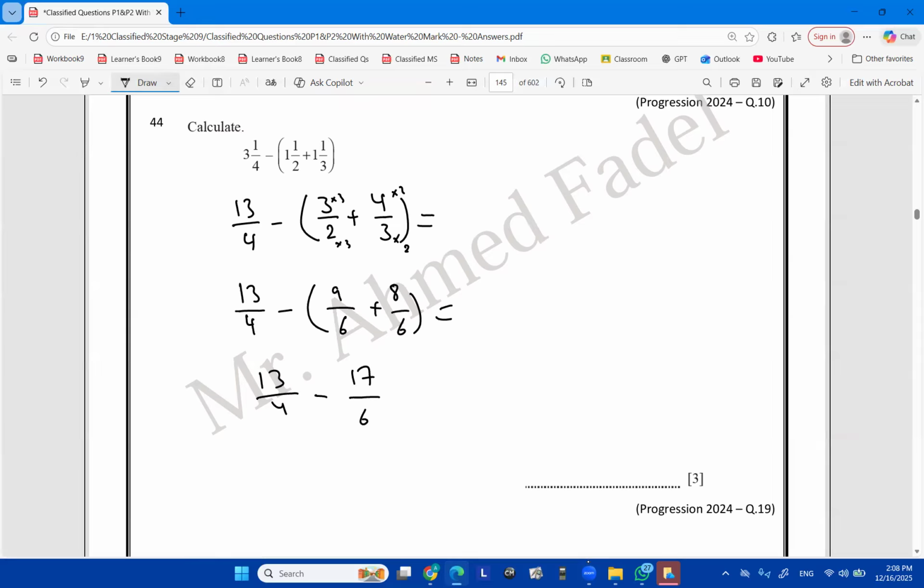So I'm going to multiply this by 2 and this by 2, and multiply this by 3 and this by 3 to make the denominators 12 and 12. 17 times 2 is 34. 3 times 13 is 39. So it is going to become 5 over 12, and it is already in the simplest form.